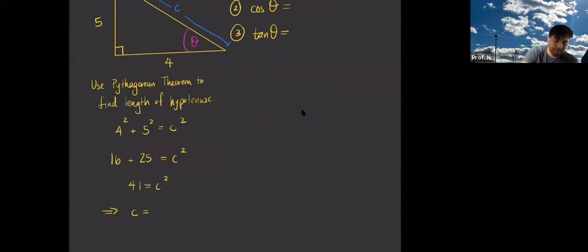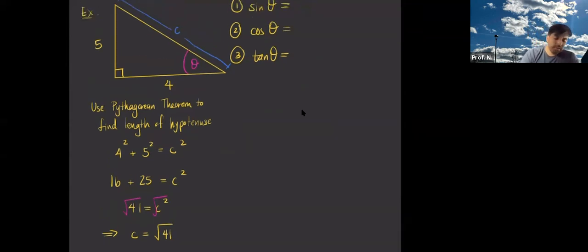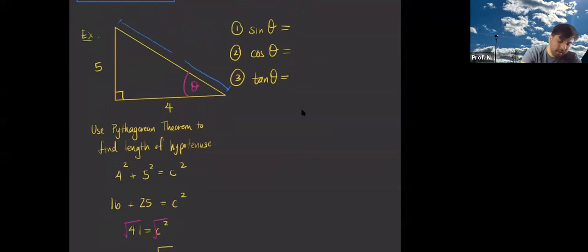In order to do that, I must take the square root on both sides of the equation to get rid of that square term. So I get C equals the square root of 41. That can happen. I can have radicals. And square root of 41 does not break down because 41 is a prime. So then we say C is square root of 41.